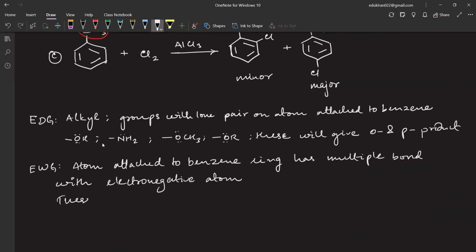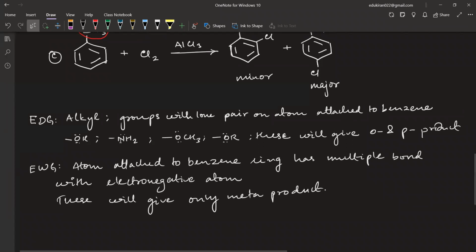And these will give only meta product. Okay, these will give only meta product.